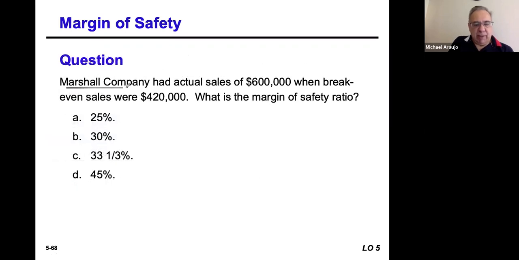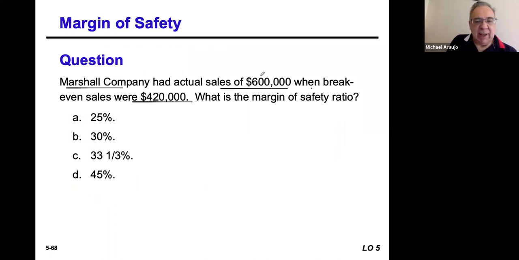So Marshall Company had sales of $600,000, and their break-even point was $420,000. So what's the margin of safety ratio? Well, it's $180,000 in dollars, right?